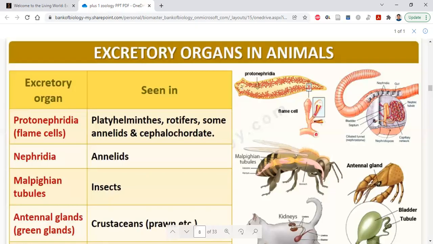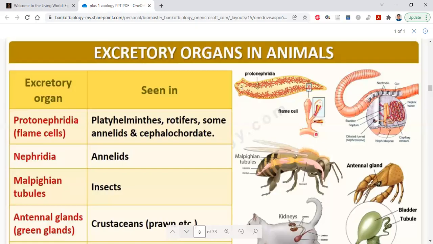These are also called flame cells and are the excretory structures in platyhelminthes. They are also seen in rotifers, some annelids, and cephalochordates, for example amphioxus. Protonephridia are primarily concerned with ionic and fluid volume regulation, which is what we call osmoregulation.